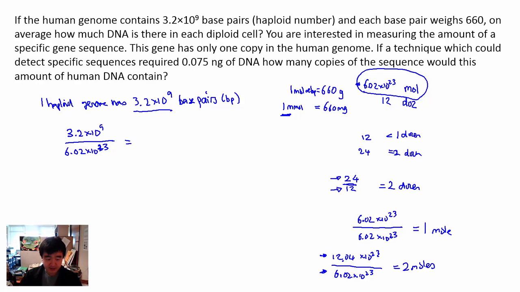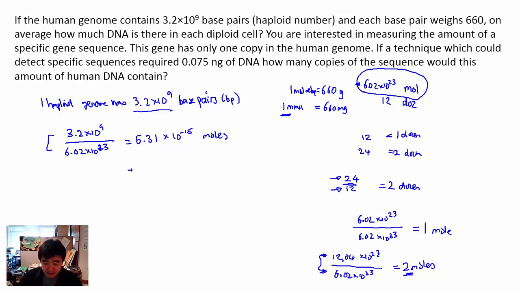Okay, and so if we plug it into our calculator, this is equal to 5.31 times 10 to the minus 15 moles. Okay, the division we've done here is essentially the division that we've done over here. Over here we end up with 2 moles. Here we've ended up with 5.31 times 10 to the minus 15 moles.